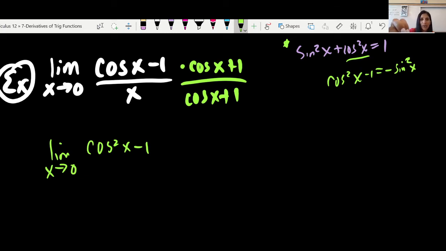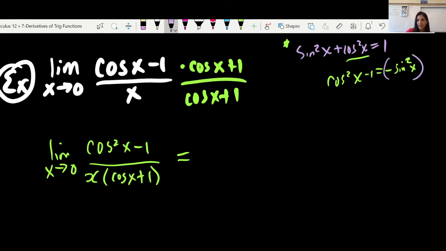Okay, so now that we know that, at the bottom, sorry, I didn't finish this. We just have x times cos x plus 1, like that. So cos squared x minus 1 is equal to negative sine squared x.